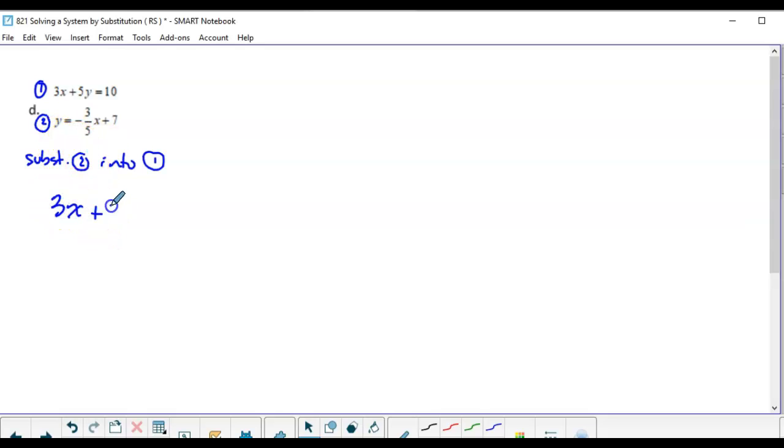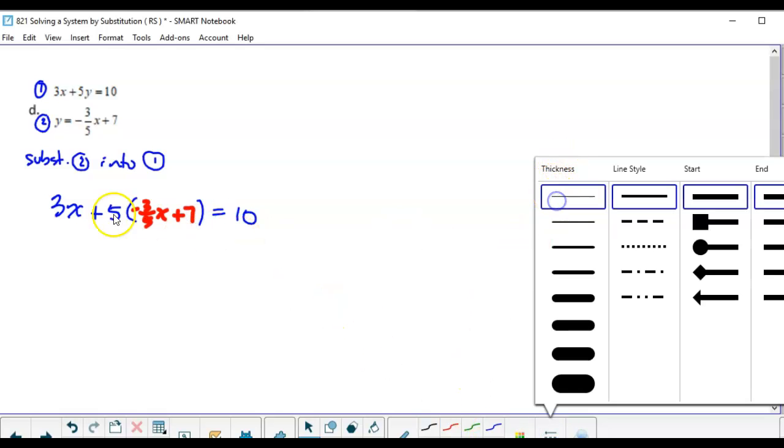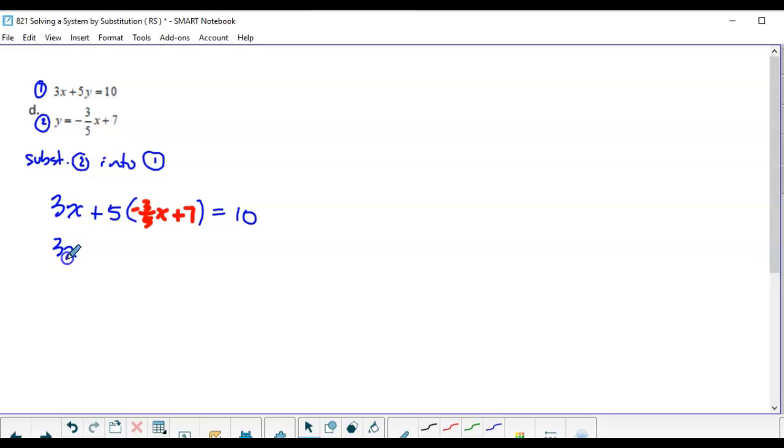So 3x plus 5 times the expression for y equals 10. So that's negative 3/5 x plus 7. So that's minus 3x plus 35 equals 10. And what happens? This goes to 0. You get 35 equals 10.